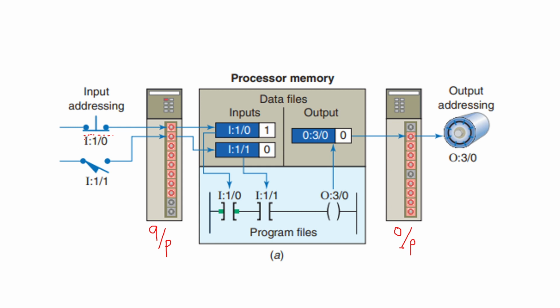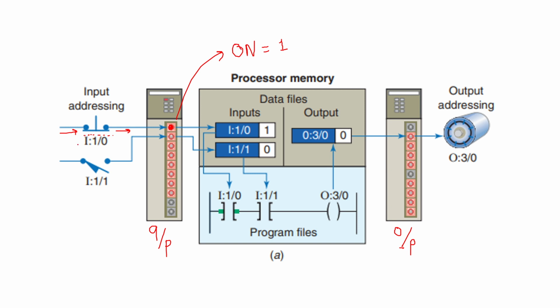Suppose this is the normally closed push button and you are not pressing it, so it passes the supply, which means this bit is on. When we talk about computers, on means 1, so this sends a 1 signal.